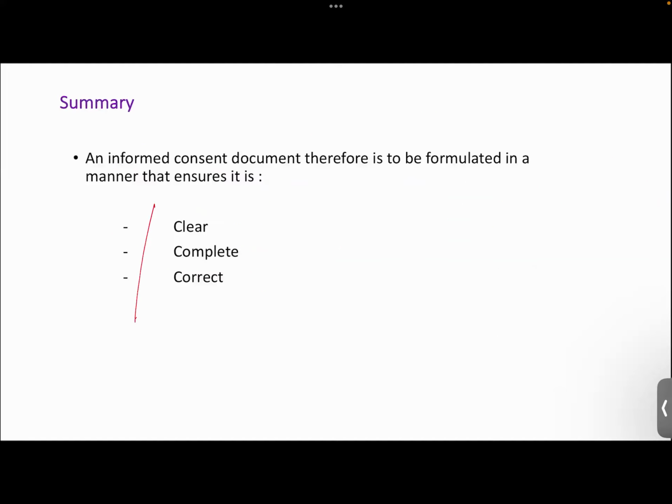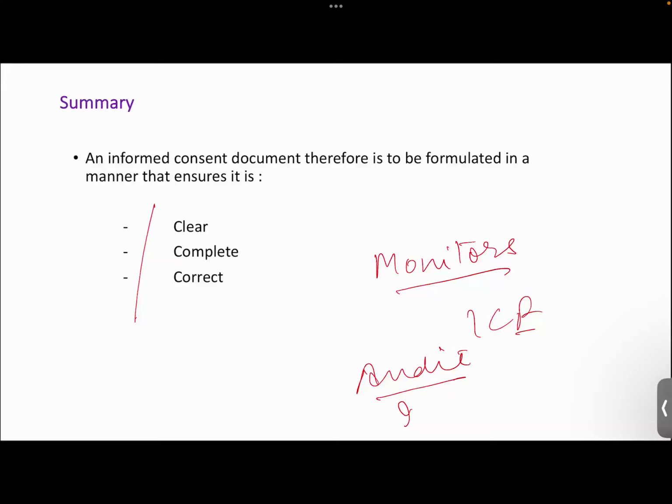So this is the summary: the informed consent document should be documented in a way that everything is clear, complete, and correct. Monitors are the first ones during monitoring to review the ICF. Then audit, then inspection.